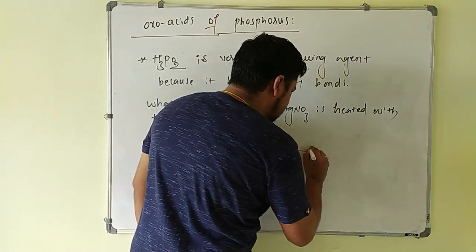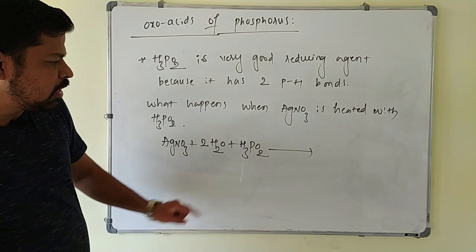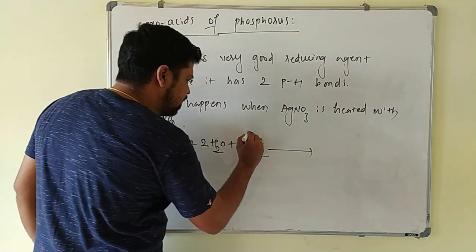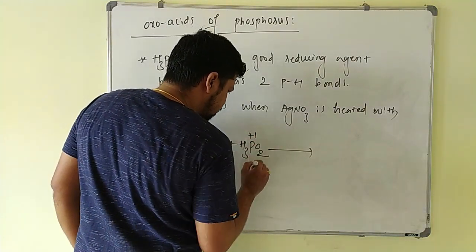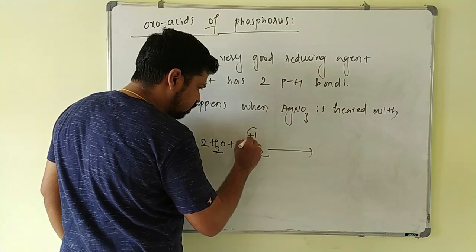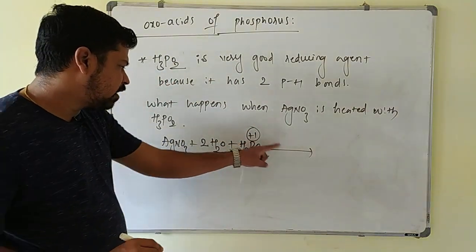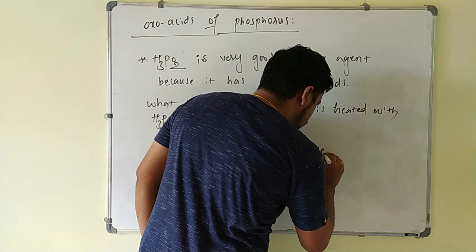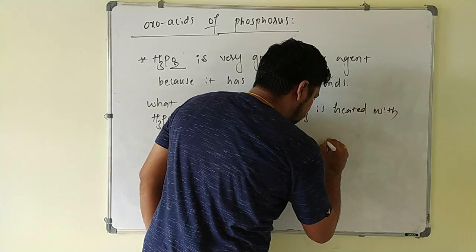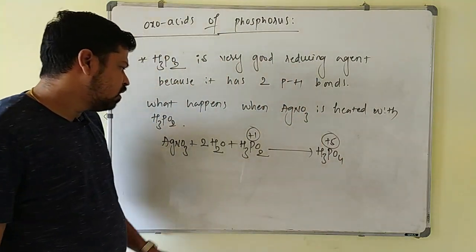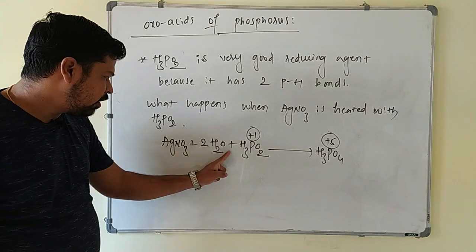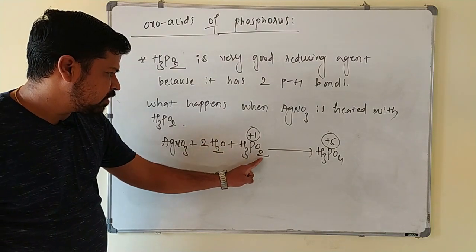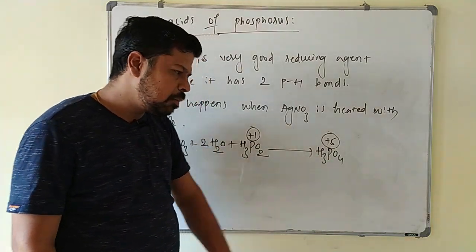H3PO2. H3PO2 is a very good reducing agent, which means it must undergo oxidation. Here the oxidation state of phosphorus is plus 1. So it gets oxidized to H3PO4, where the oxidation state will be plus 5. Two oxygens from two water molecules are taken by this one, so that it converts into H3PO4.